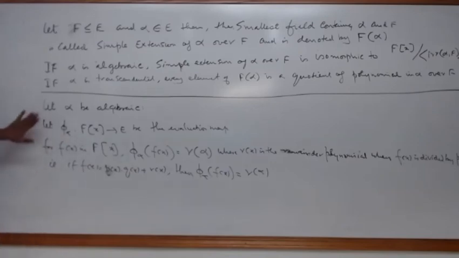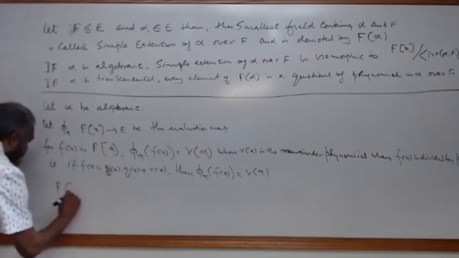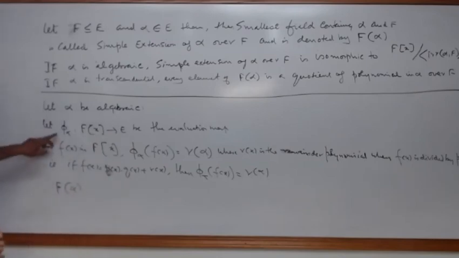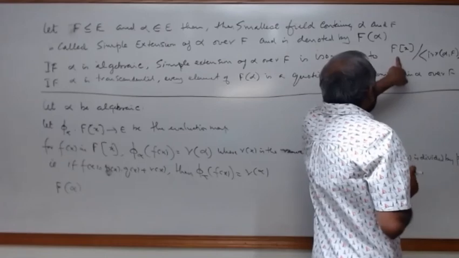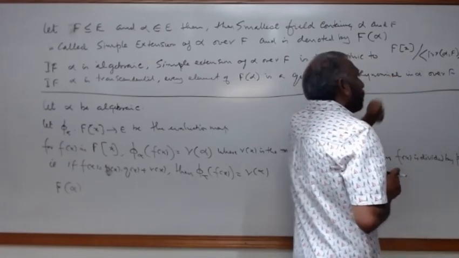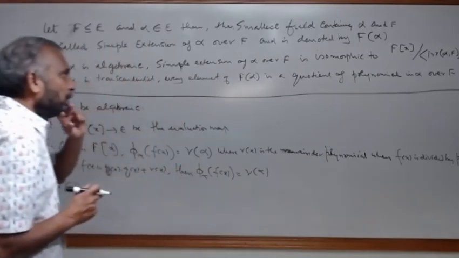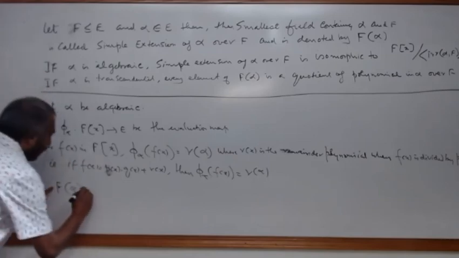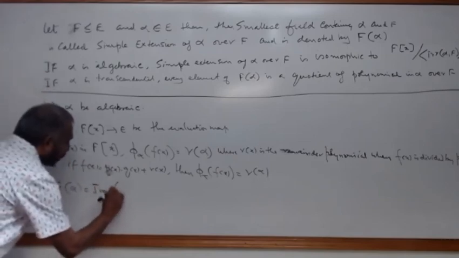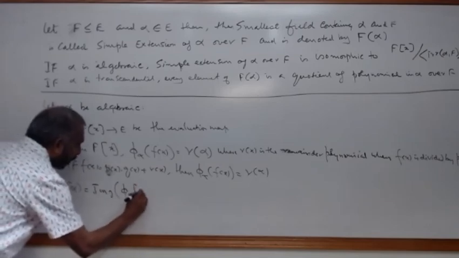And what else we know about the simple extension? The simple extension F(alpha) is actually the image of, what is the image of this? The image of this one is the quotient field F[x] over the irreducible polynomial of alpha over F. So the image of this is actually F(alpha), equal to the image of phi alpha of f(x).